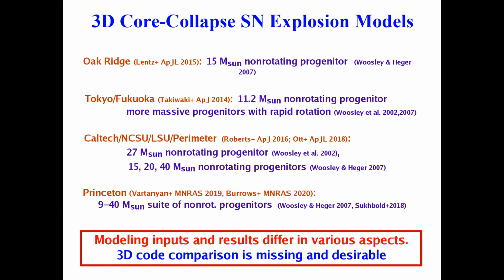I think it will happen only once the main players in this field have actually harvested their simulations, because they want to first, of course, put out as many papers as possible with their results before they go to the next step, which is tedious comparisons. Right. And I'm not hopeful that this will happen very quickly. There's also some very unpleasant, let me say, competition and rivalry feelings in this field.